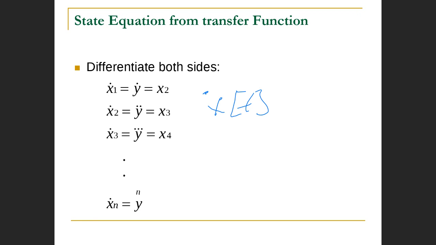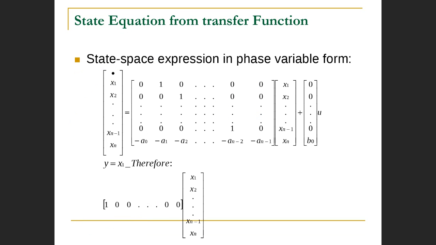You might be asking, why did I differentiate the state variables? Because the state equation is in fact the first derivative of the state vector. That's the simple answer. So once we differentiate these state variables, what we're actually looking at is the state equation, and we write it in the appropriate format, and it looks just like this.